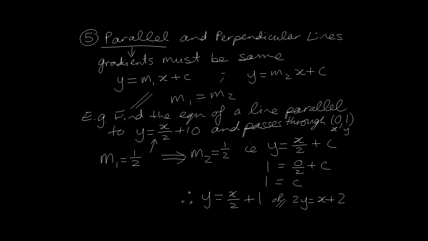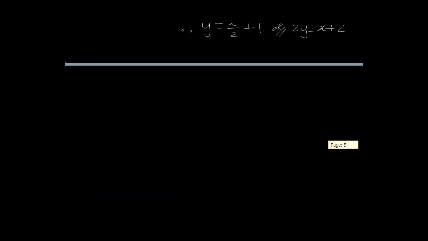Now, let's have a look at perpendicular lines. For lines to be perpendicular to each other, the product of the two gradients must be equal to -1.